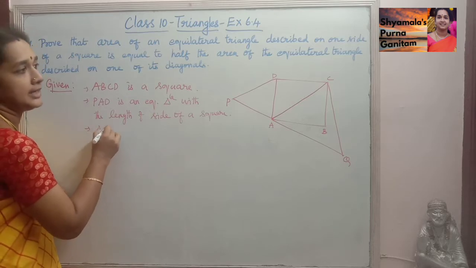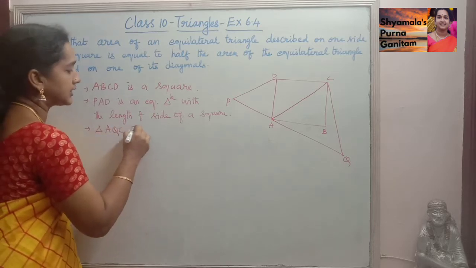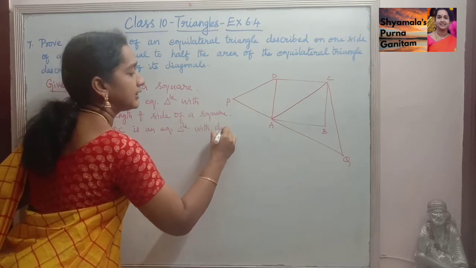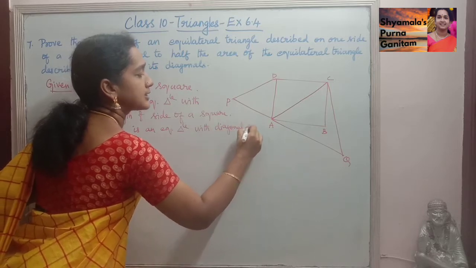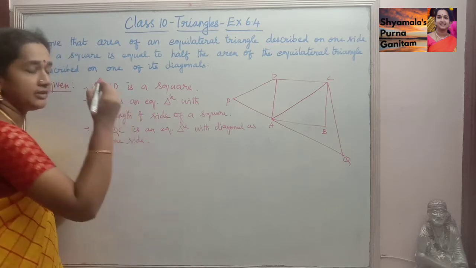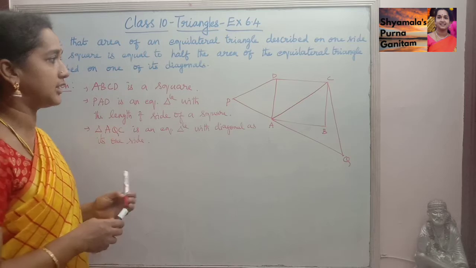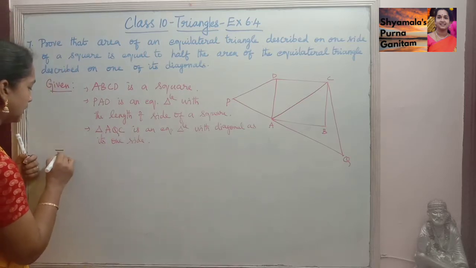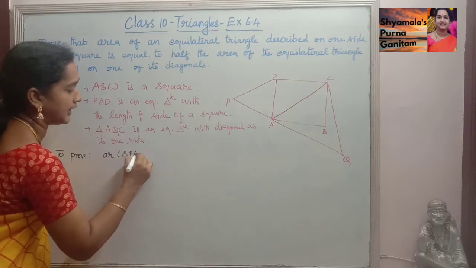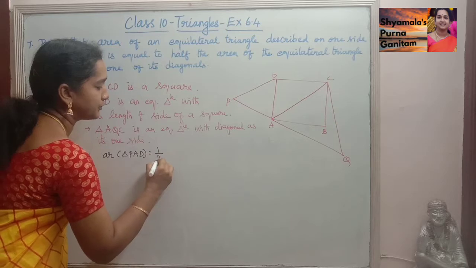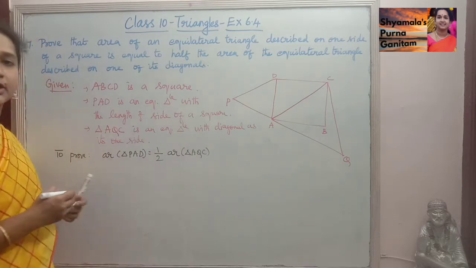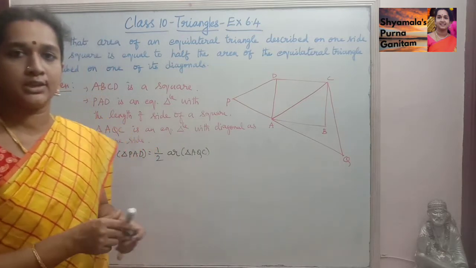Triangle AQC is an equilateral triangle with the diagonal as one side. So these are all the things given. We are asked to prove that the area of triangle PAD is equal to half the area of triangle AQC.